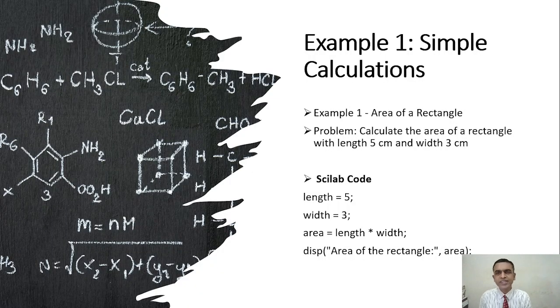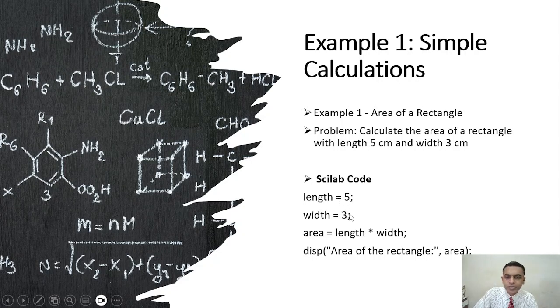This is a very simple example, calculating the area of a rectangle. We know the length of the rectangle is 5 centimeters and the width is 3 centimeters. Now look at the Scilab code here. We are giving length as a variable, length is equal to 5, semicolon. This is how the code has to conclude.